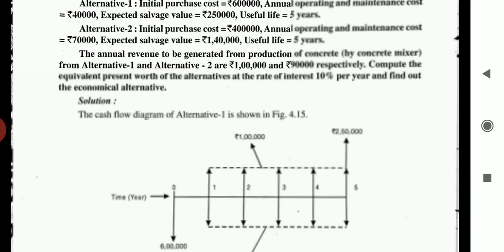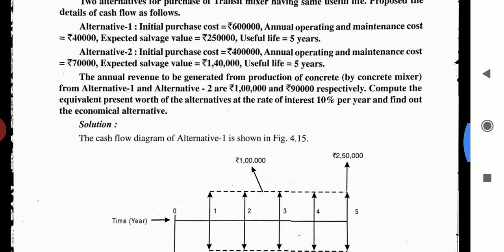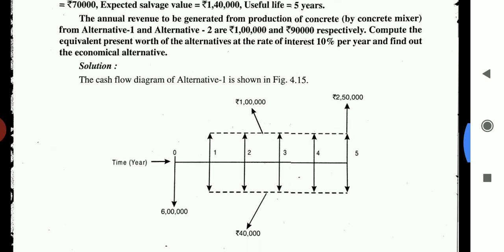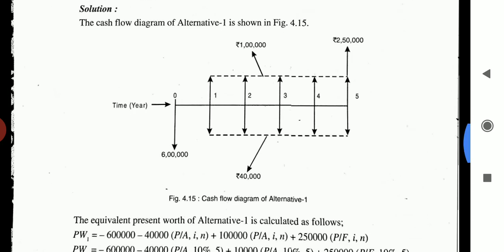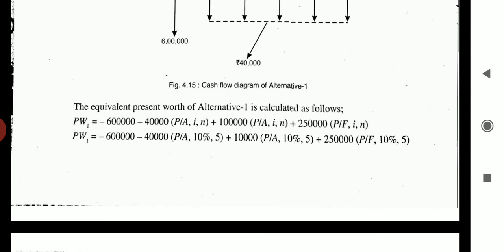See here, production is upward and maintenance and operating cost is downward. So in the question he mentioned, for alternative 1, production is 1 lakh and operating cost is 40,000, equally maintained for 1 to 5 years. Okay, so by using PW1 we have to calculate.